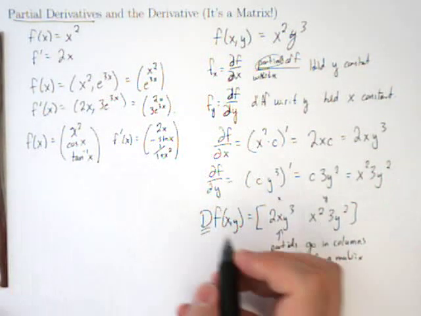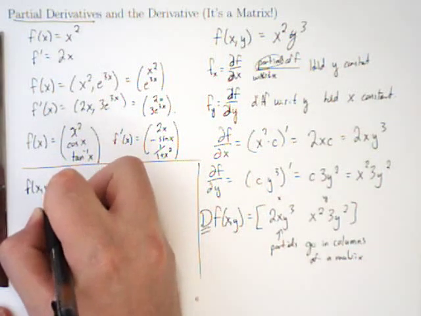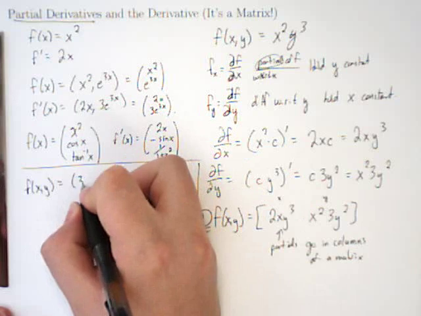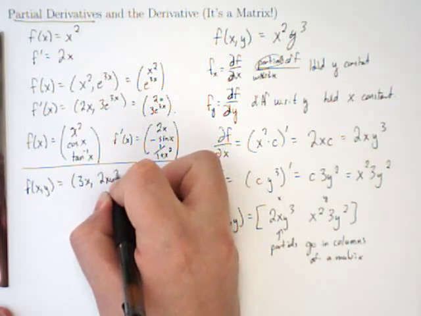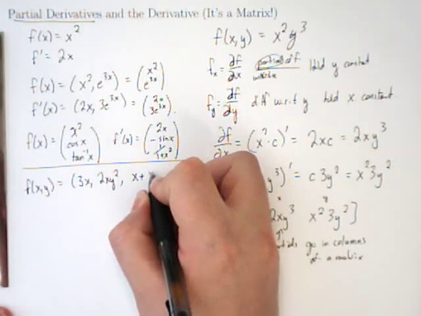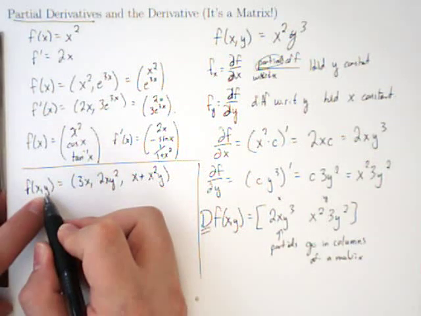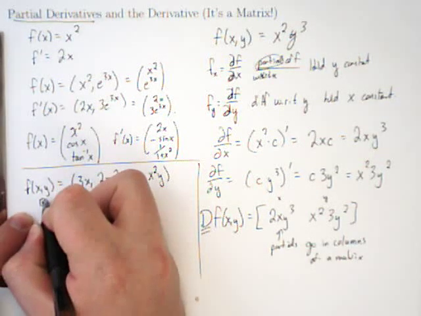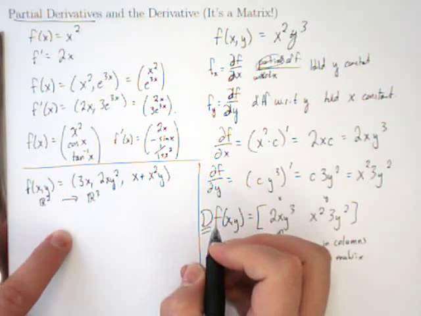Well, I'm going to change the function now, and we're going to look at a bigger function. Suppose the function is f of x, y equals 3x, 2xy squared, and then x plus x squared y. So in this function we have 2 numbers we're putting in. We have a 2-dimensional vector we're putting in, and we're getting out something 3-dimensional.